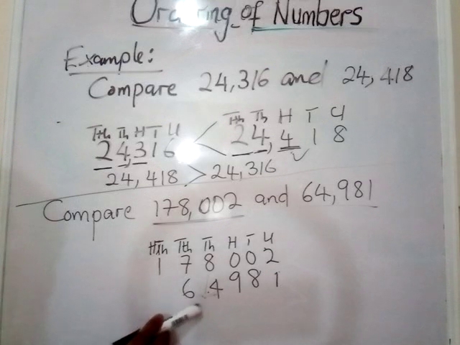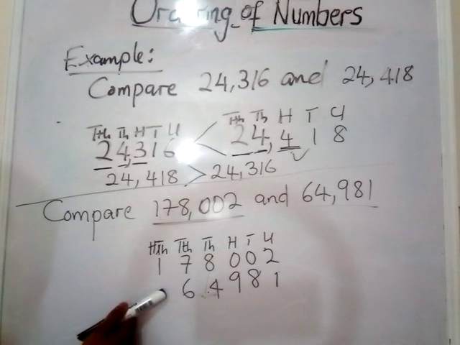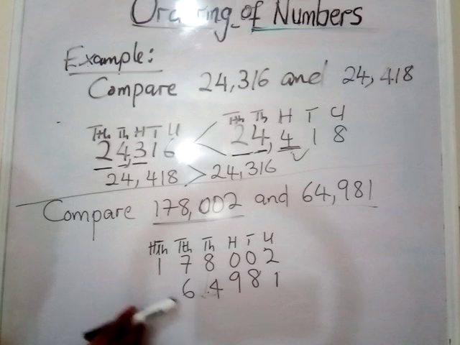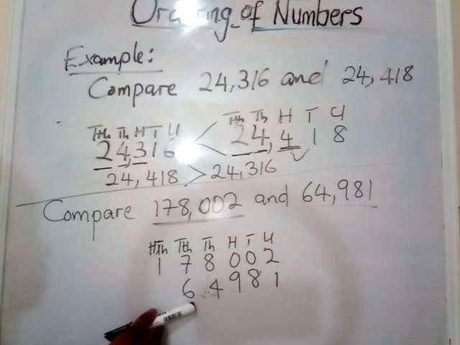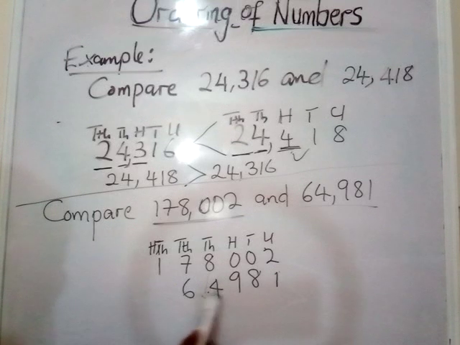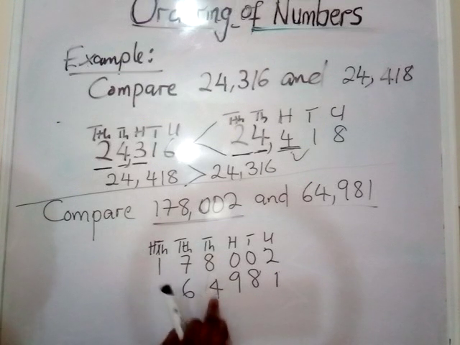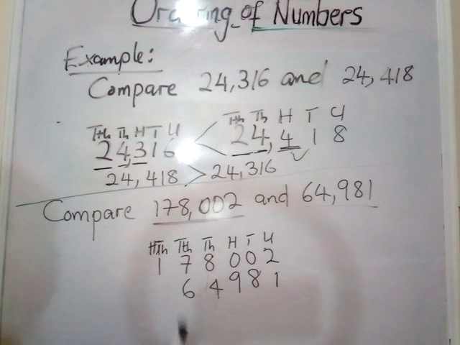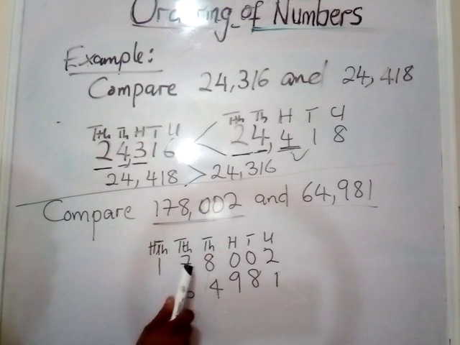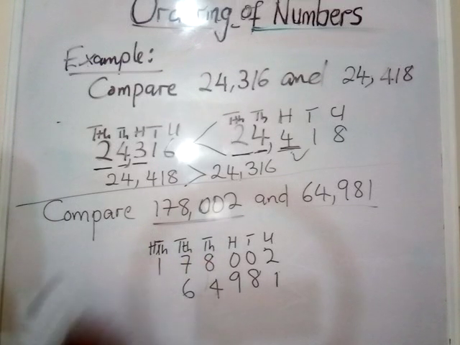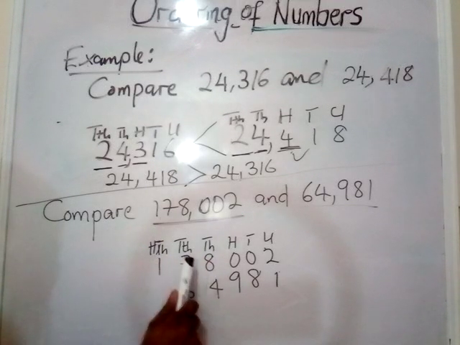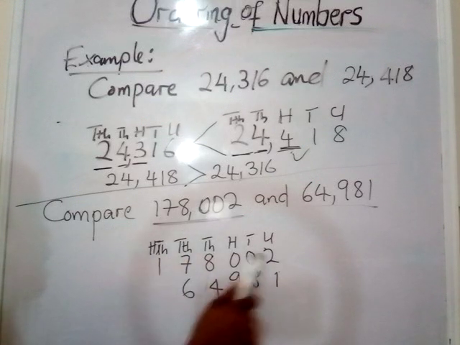But if you come to this second number, it does not have a digit in the hundreds position. The last digit it has is under tens of thousands. So this number, if you join these two in the family of thousand, is just 64,000, because 6 and 4 is 64. So this is 64,981. This first one is 178,002.